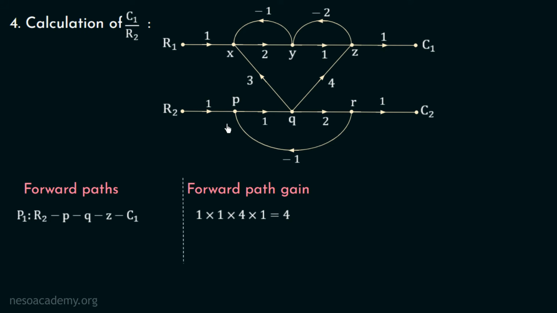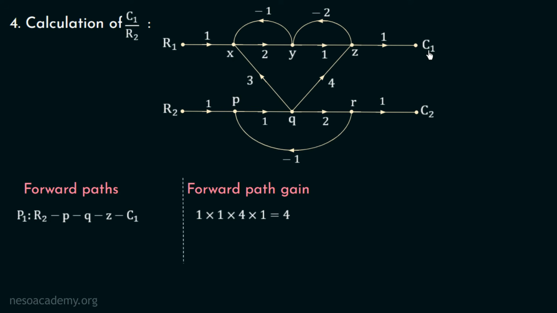There is one more way by which we can start from this input node and move towards this output node C1. If we start from this input node R2 and move towards the node P, then if we move towards this node Q, now if we take this branch to move towards the node X, then we move towards this node Y. After that, we will move towards this node Z, and then finally we will move towards this node C1.